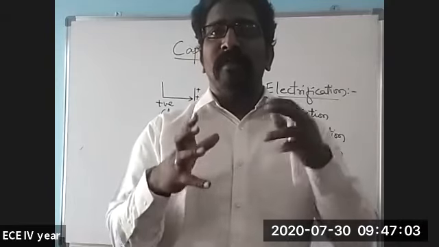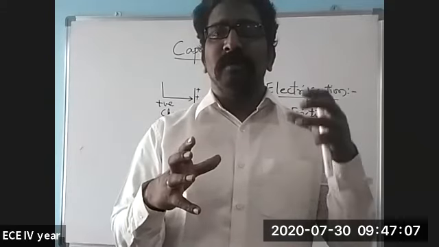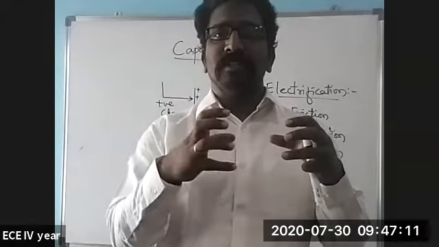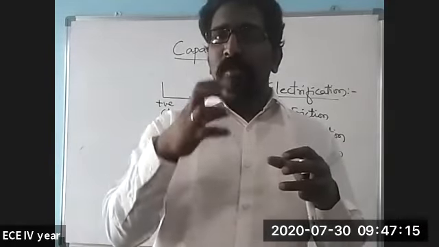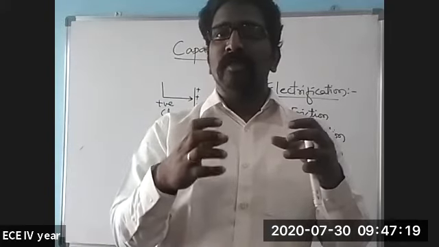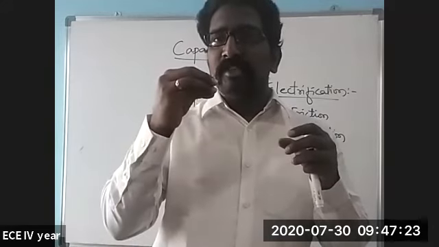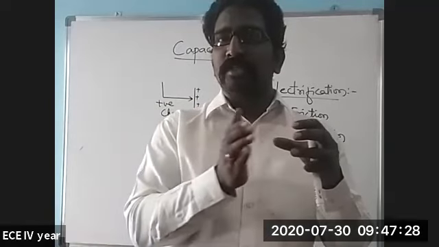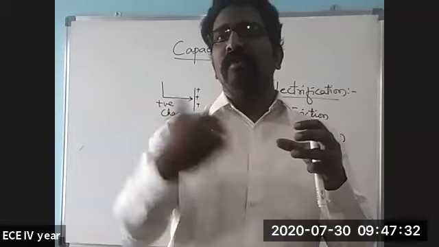So now, whenever a charged body, in my consideration a positive type, is there and a neutral body is kept very close to the positively charged body, then in the neutral body, due to the property of attractive force and repulsive force, all the negative charges will come close to the end closer to this positively charged body, and all the positive charges in the neutral body will go to the other end.